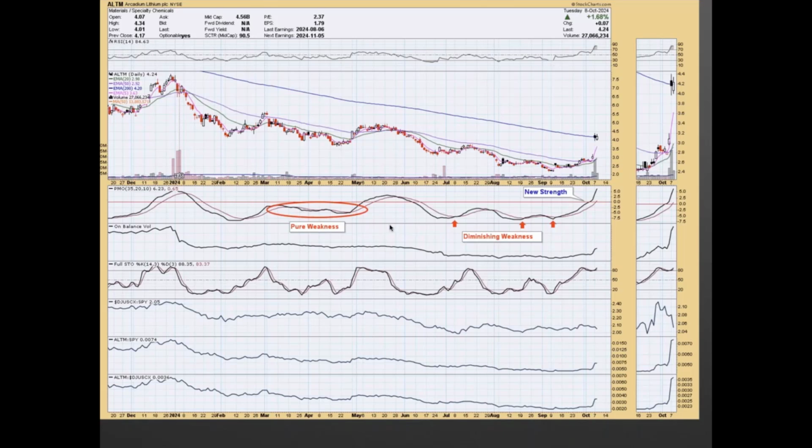So the one thing to keep in mind is that when the PMO is very low, like it is here, when it does start to turn up, or you do get these crossover buy signals, remember, we're paying attention to how far beneath the zero line we are. And in this case, we are very far beneath the zero line. A lot of stocks are going to be plus or minus 4 as their range.